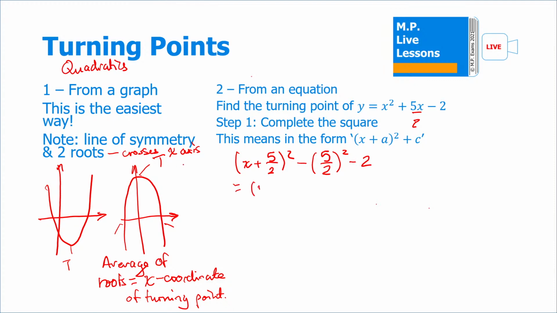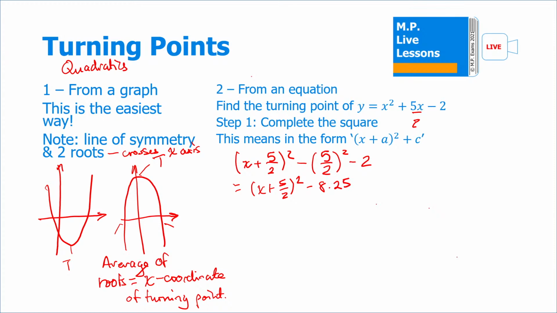So overall this gets us x plus 5 over 2 squared minus 8.25.